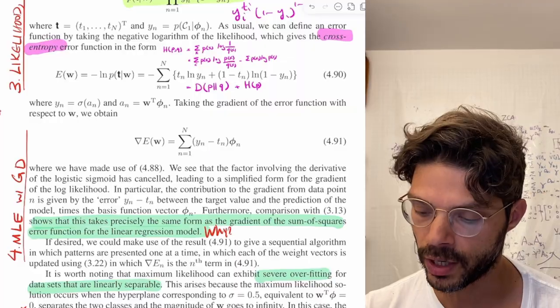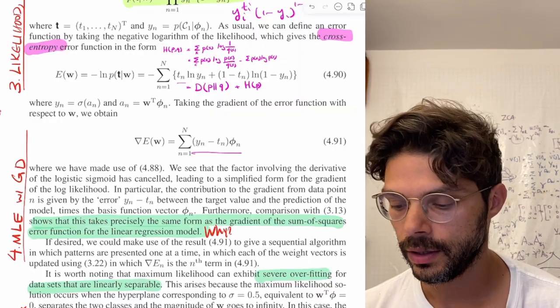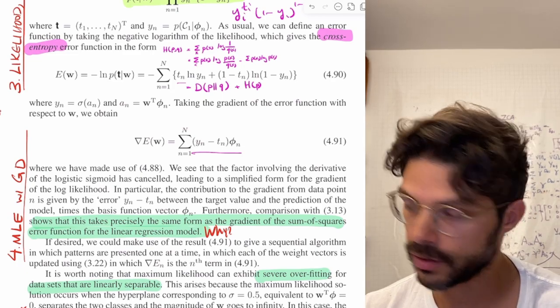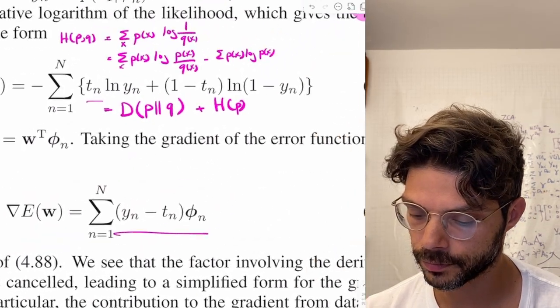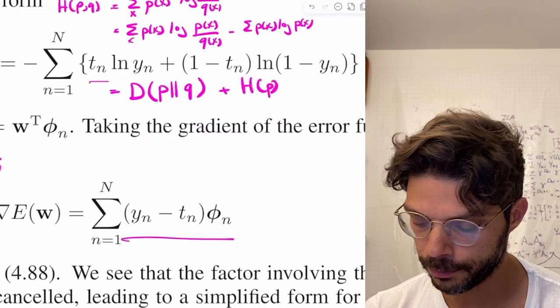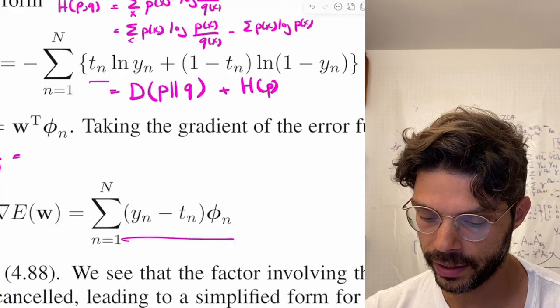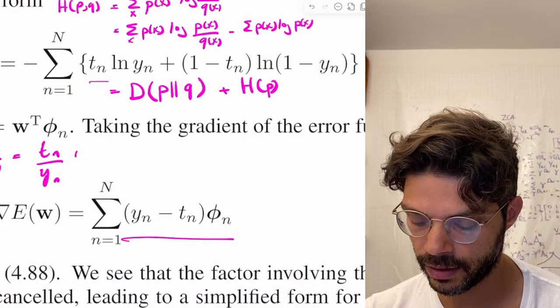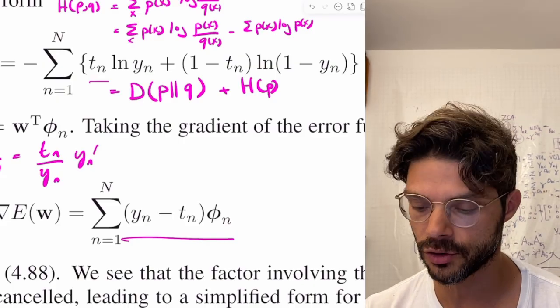Let's just do it for one of the samples. So if we zoom in again, if you just go dw, so it's going to be what? It's going to be tn over yn times yn dash, I'll use the dash for the derivative.